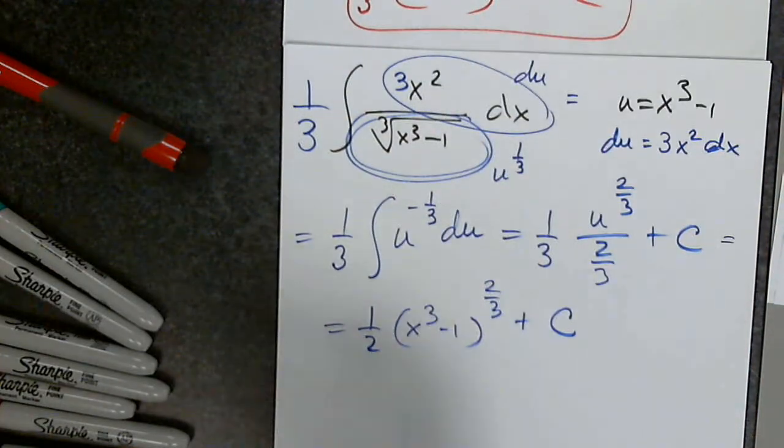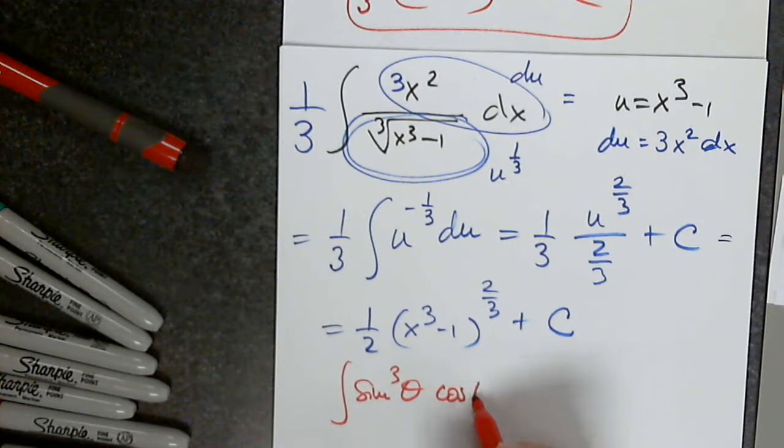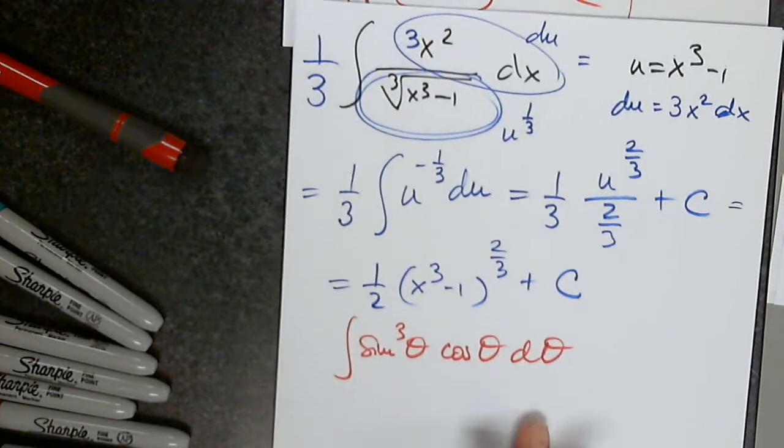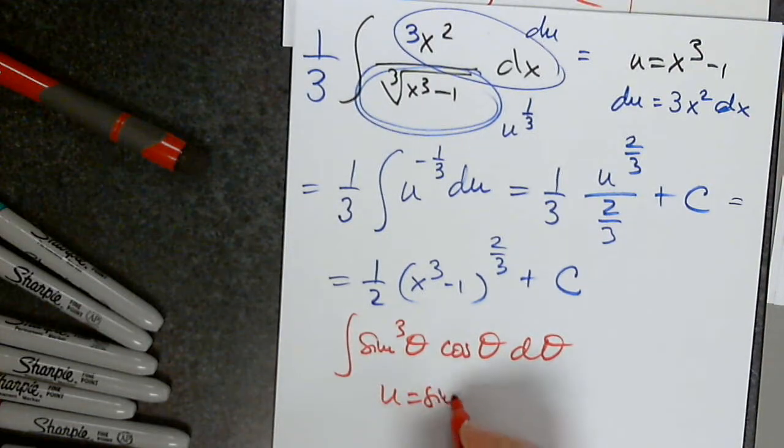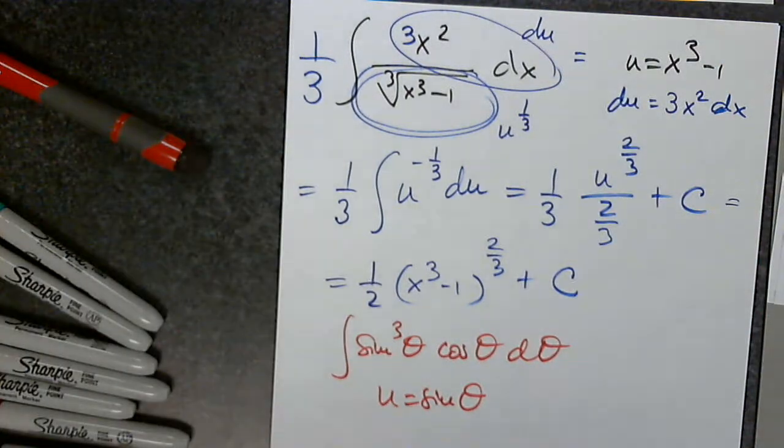Okay, let's work on this one for 30 seconds. So the integral from sine cubed theta, cosine theta, d theta, when u is sine theta. I lost my count here. This was 11? Yes.